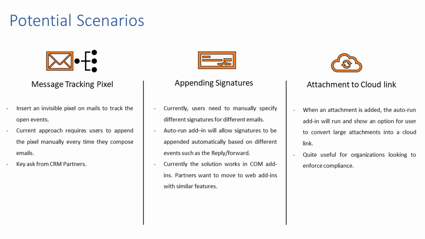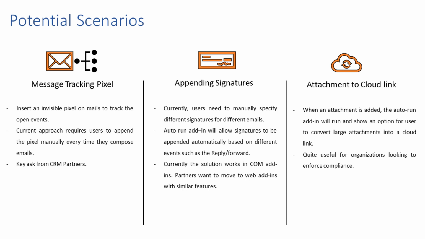So this is something you can use, for example, when someone creates a new email, you can insert a pixel on it. The other one is pending signatures, which is the other feature that I'm going to be talking about today. We can provide additional functionality for signatures that are a little bit more rich than what is exposed in the product out of the box.